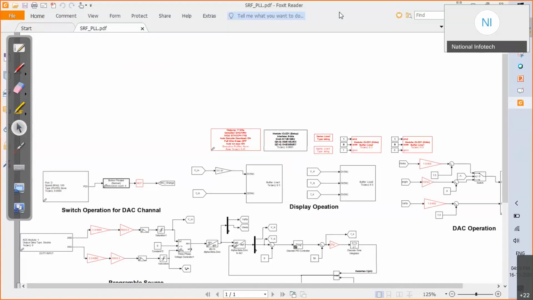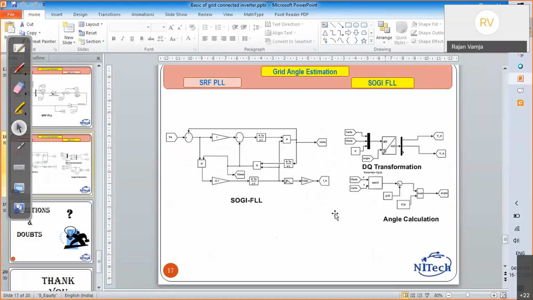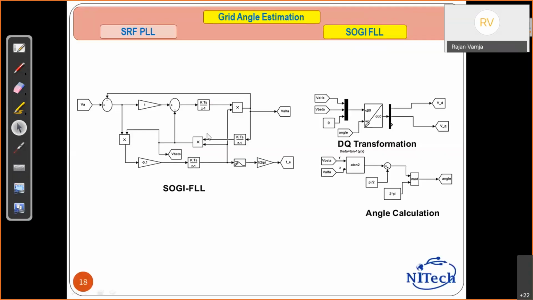SOGI implementation, FLL. Okay. So, SOGI FLL. Is it possible for you to explain that, or should I explain that SOGI in brief in 5 minutes? Then I will play the video. Okay. Yes, so no problem. Remaining.